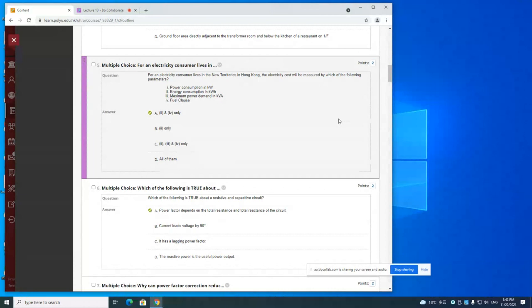And the kVA, the maximum demand, only consider for the commercial users. Okay, so for the residential users, only consider the energy, okay, cost. That means the kilowatt hour and the fuel cost. So the answer is A.